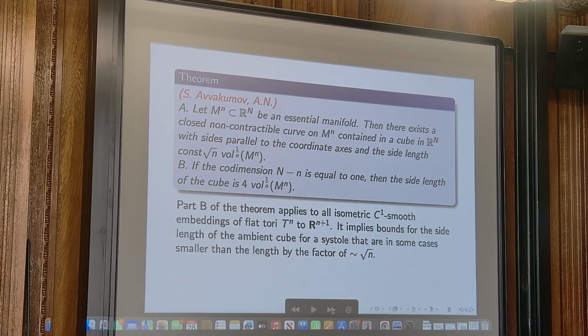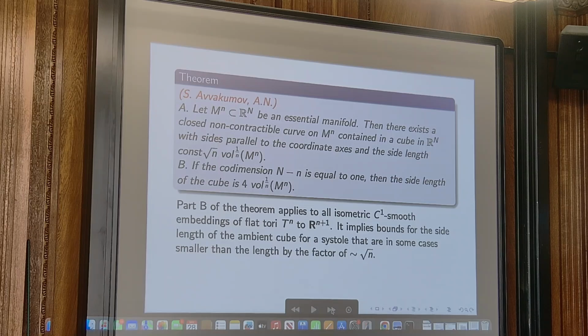And there is the Nash-Kuiper theorem that enables us to embed all manifolds that could be topologically embedded into Rn plus 1. They could be C1 isometrically embedded as well. So in particular, we could just take flat tori, which corresponds to constant square root of n in the Gromov systolic inequality, and embed them in C1 fashion into Rn plus 1.